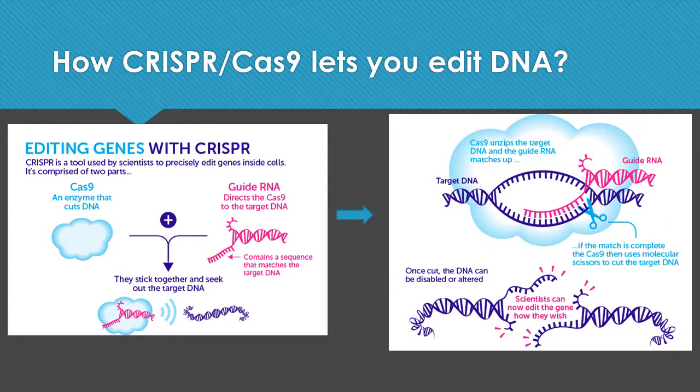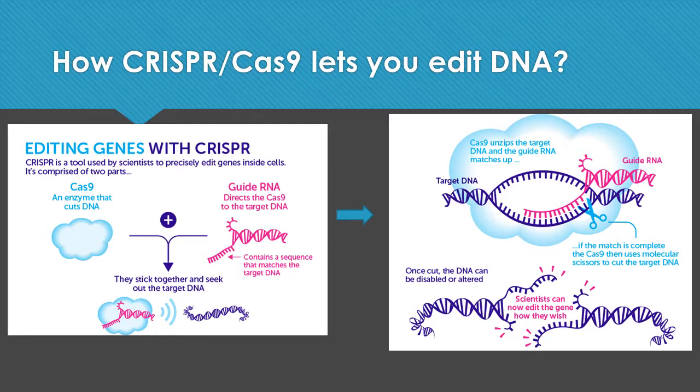Then Cas9 unzips the target DNA and the guide RNA matches up with it. If the match is complete, Cas9 then uses molecular scissors to cut the target DNA.